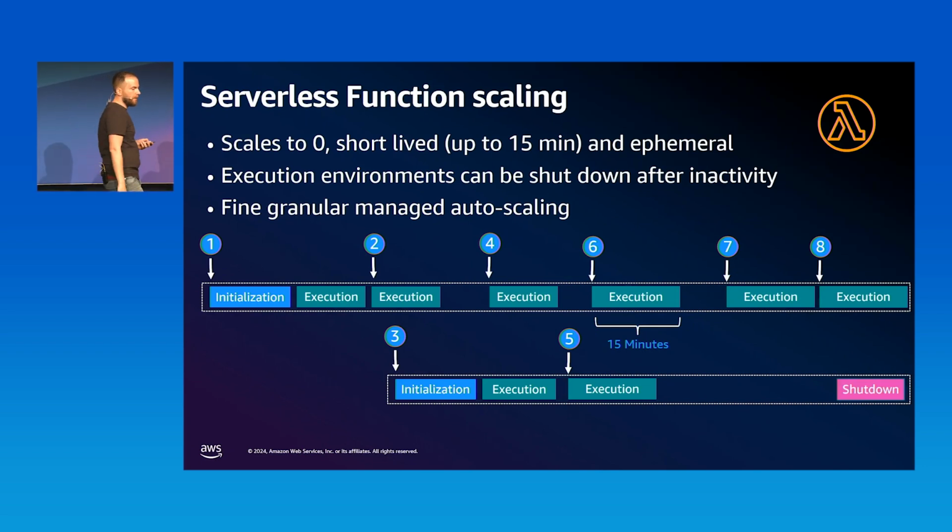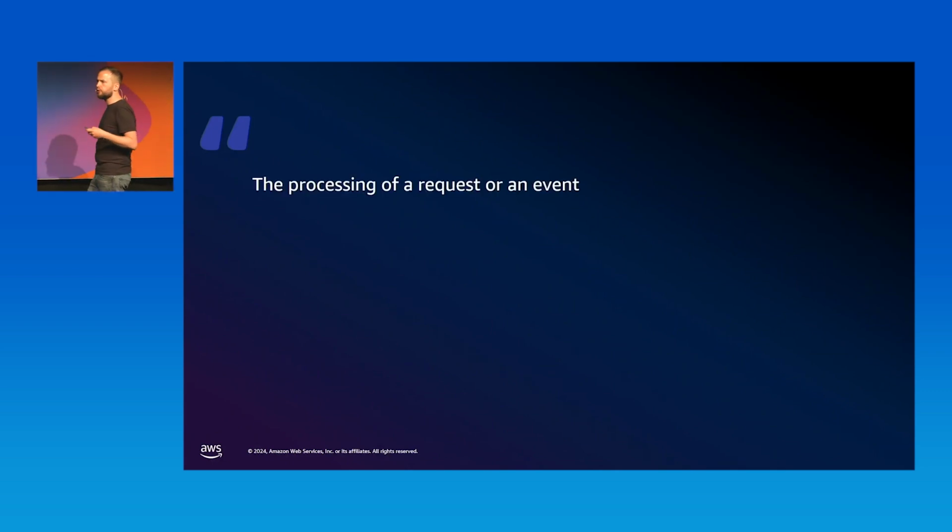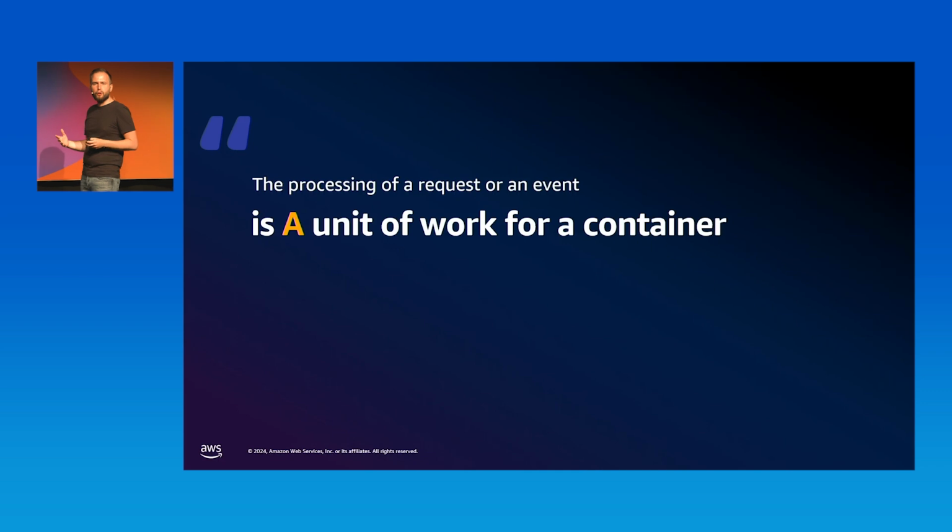Now, we have talked about the invocation model, and I think it's very fundamental to understand the difference here. We want to summarize that in a single quote that you can all take away when thinking about, does my application fit that invocation model? So the processing of a request in a web application or an event in an asynchronous application for a container is a unit of work, right?